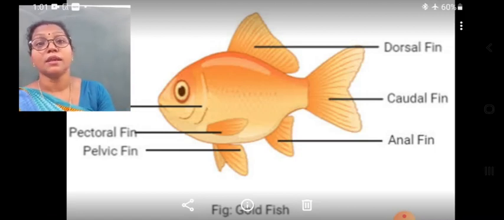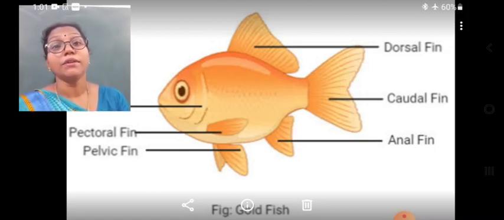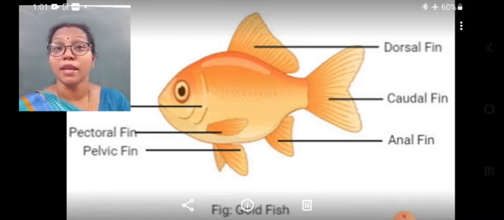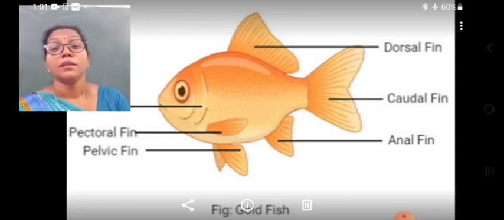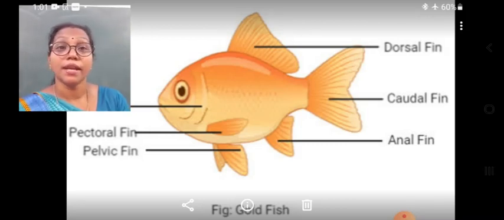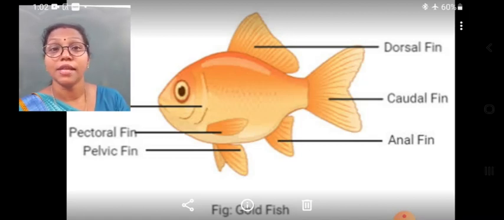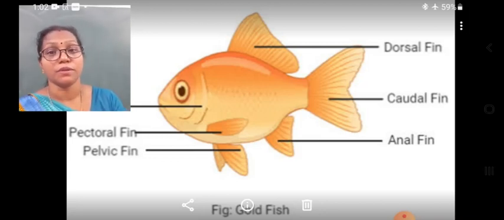Like that, the alternate contraction and relaxation of the muscles make the wave-like movements in a fish. The muscles on the two sides of the body work antagonistically. When one side contracts, the other side relaxes. So this contraction and relaxation of muscles make the movement of the body possible in a fish.